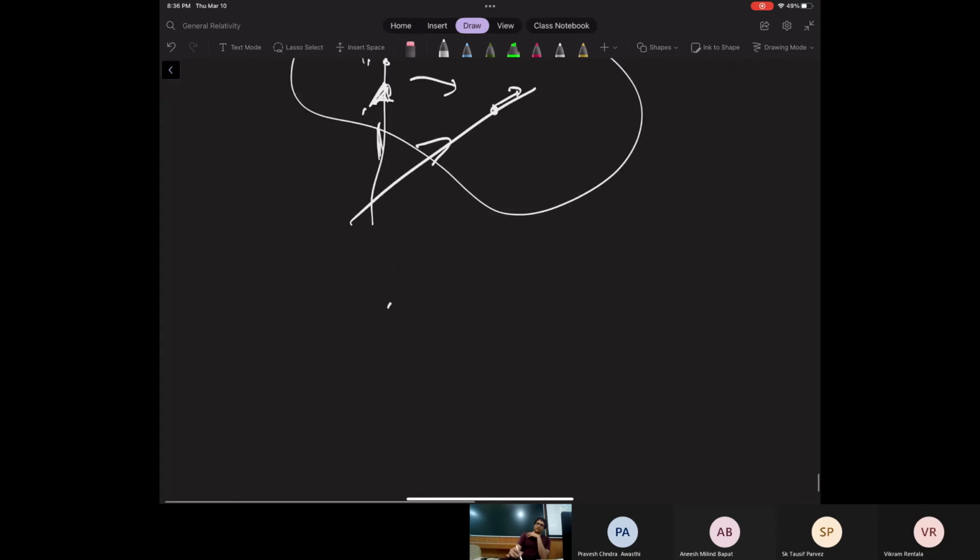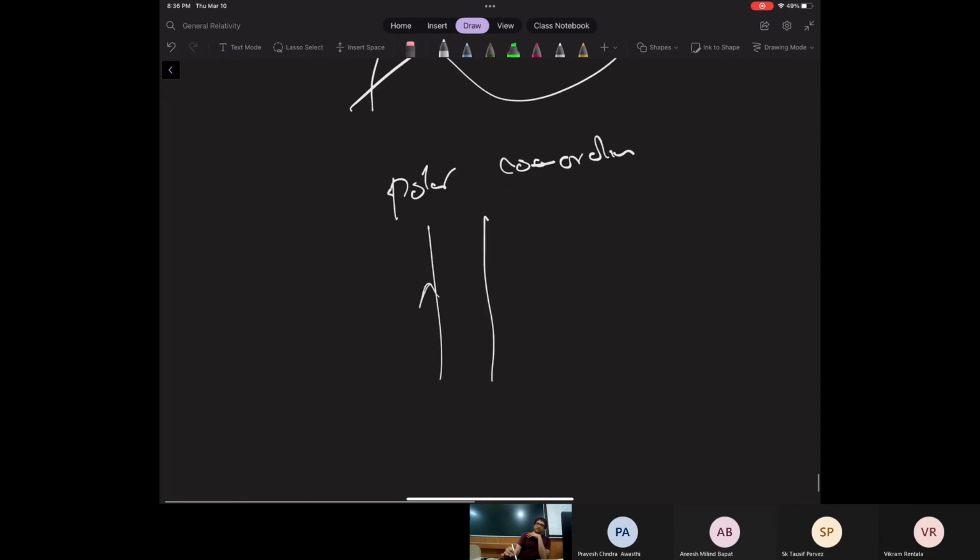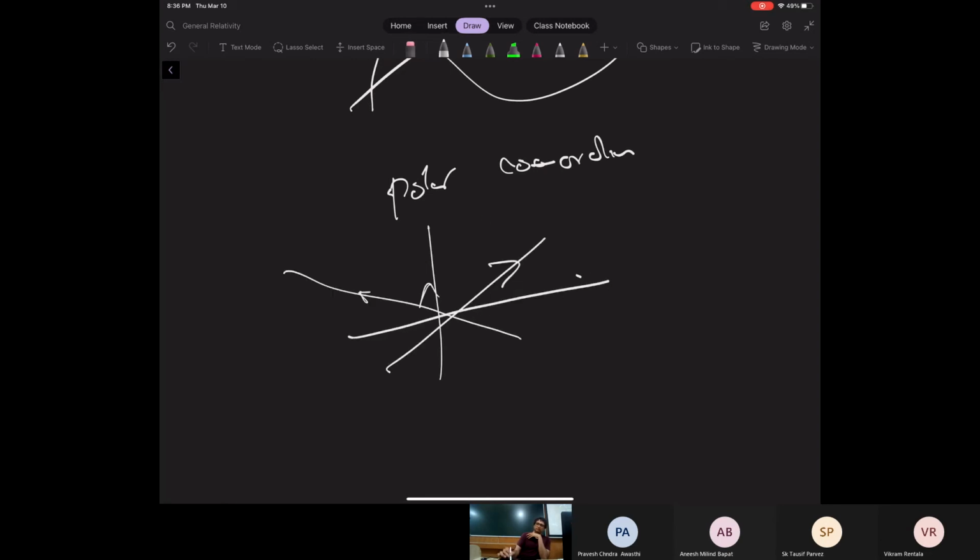Okay, so a simple thing is in polar coordinates. We choose a family of geodesics to be these radially outward lines, and our coordinates are r and theta for each point. Theta is parameterizing my geodesic, and r is parameterizing where I am along the geodesic.